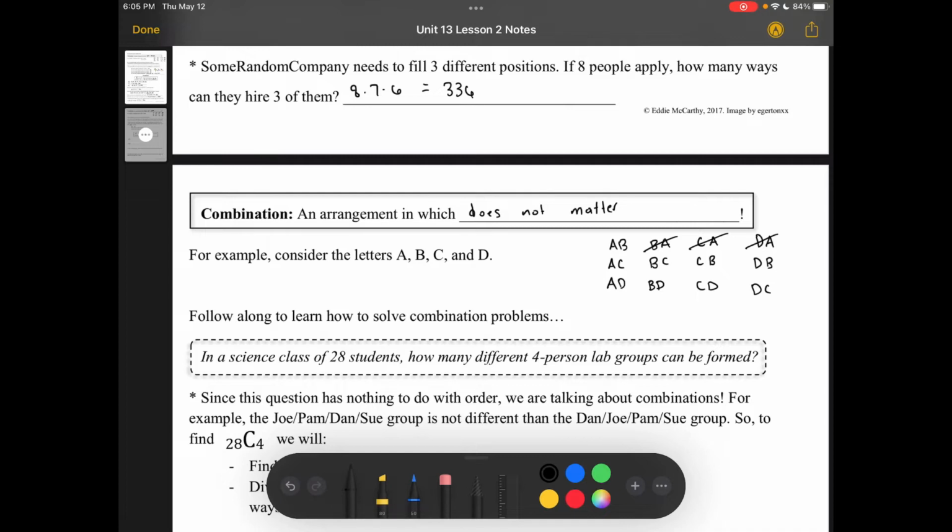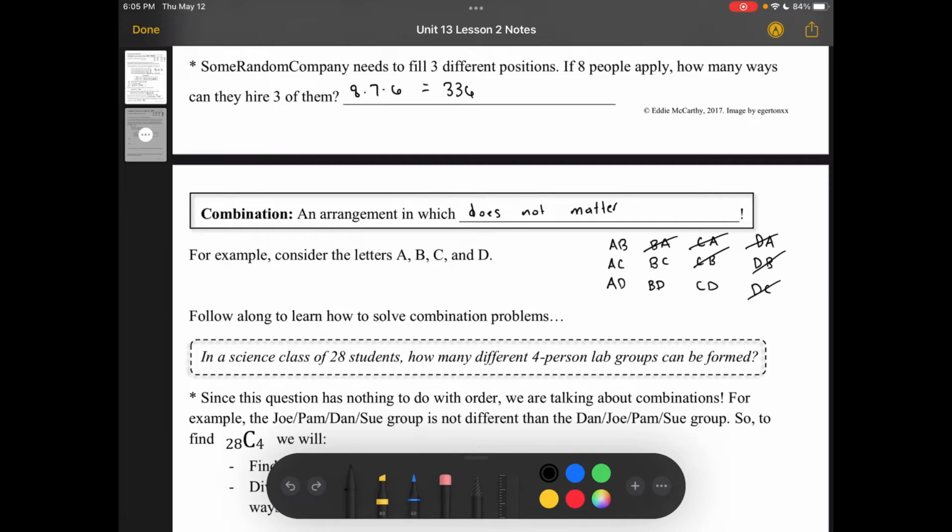We already know that BC works here, and so we can get rid of CB. BD is already shown, so we can get rid of DB. And we only need one combination of C and D, so we can get rid of this one. And so that leaves us with 1, 2, 3, 4, 5, 6 combinations of these letters, because the order doesn't matter.